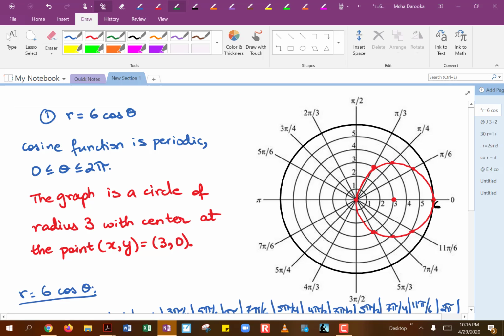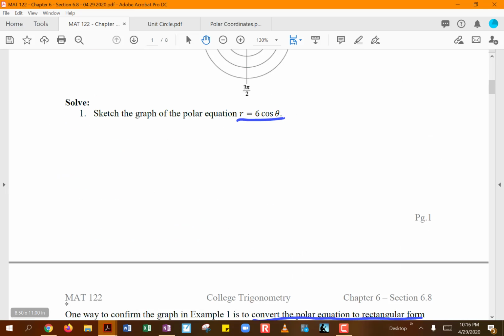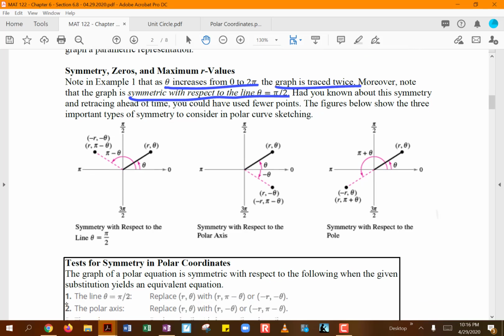Your symmetry is with respect to the polar axis, which is this line right over here. If I fold my graph along that line, the upper and lower semicircles will coincide. So you do have symmetry as part of these functions.